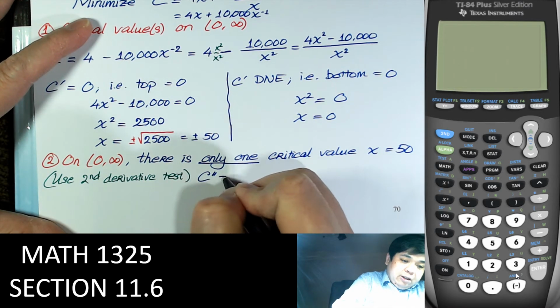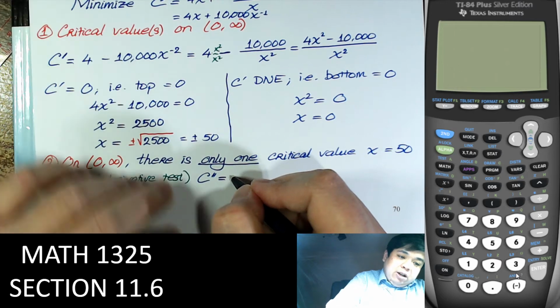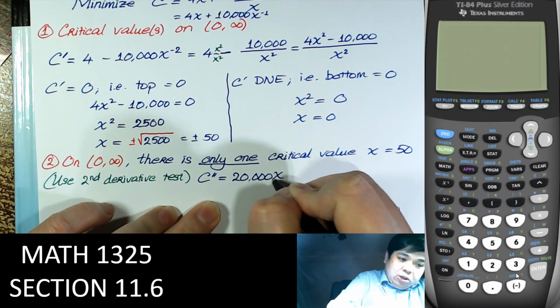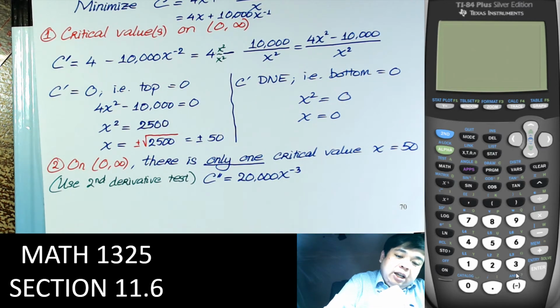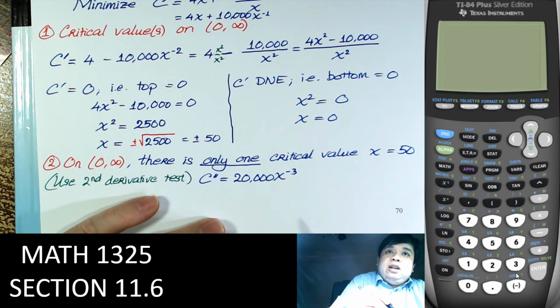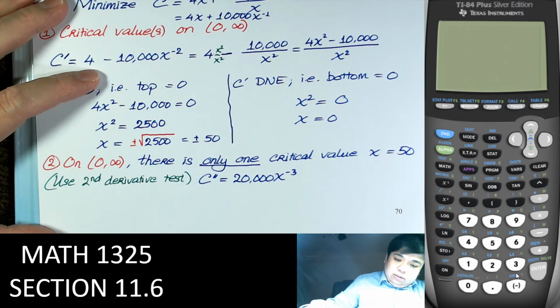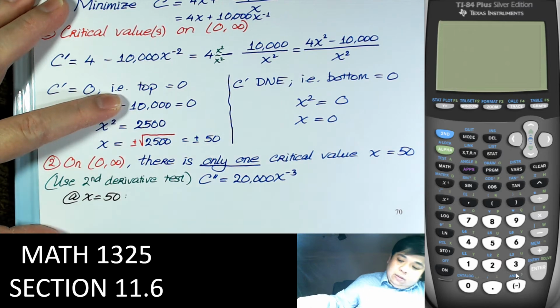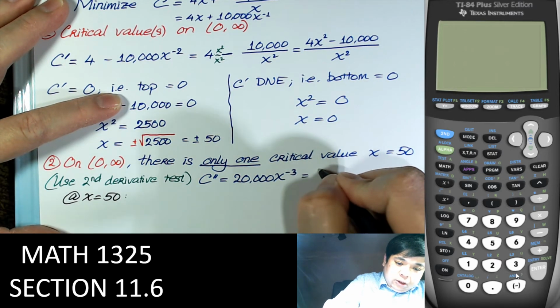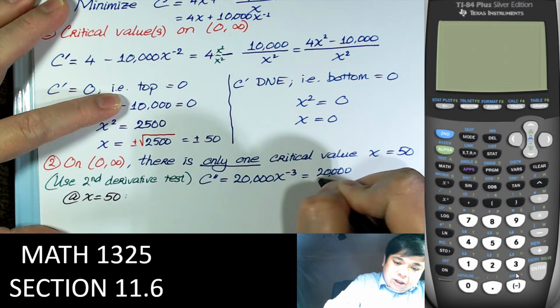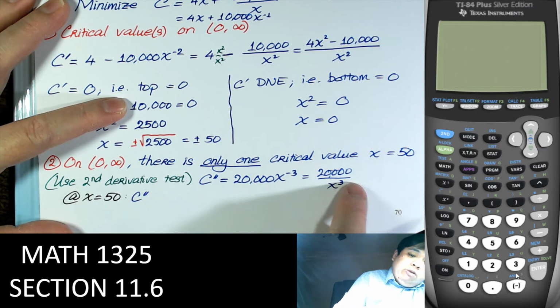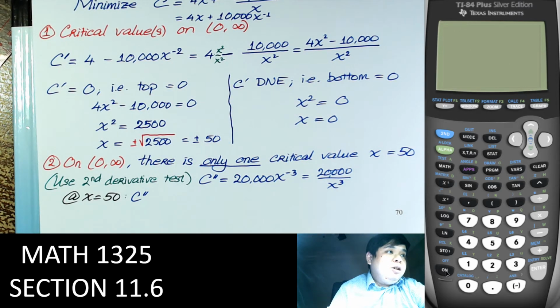Second derivative equal to, take down the negative 2, 20,000 x to the negative 3, divided by x cubed. When we put 50 in here, so 20,000 divided by 50 cubed.